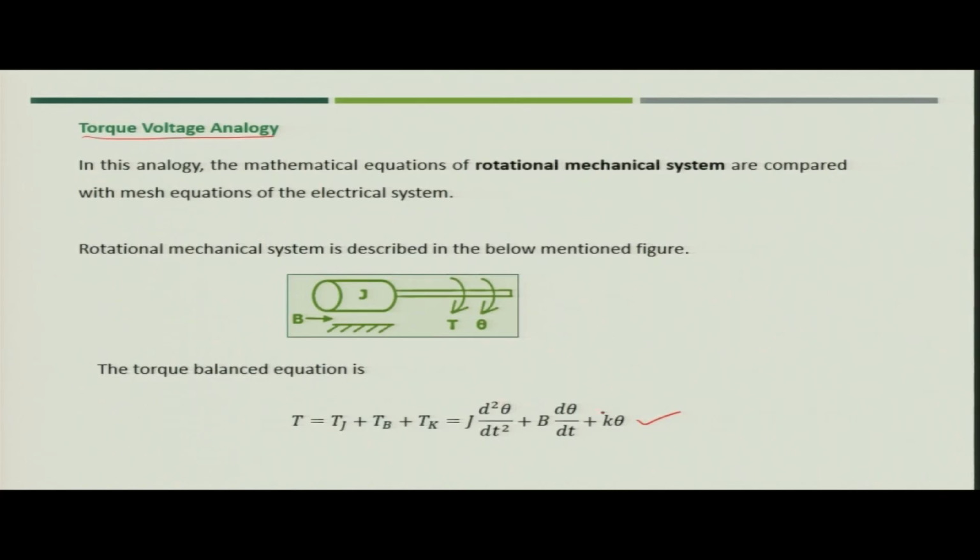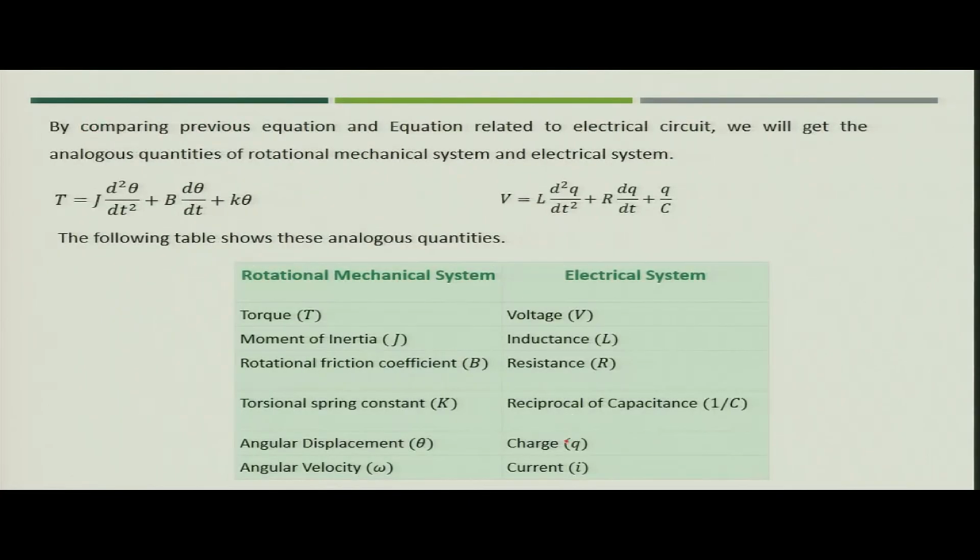Now, you will compare this again with the series RLC circuit equation. What we got from the series RLC circuit? We got V equal to L d2q by dt2 plus R dq by dt plus q by C. In case of the rotational mechanical system, we got T equal to J d2 theta by dt2 plus B d theta by dt plus K theta.